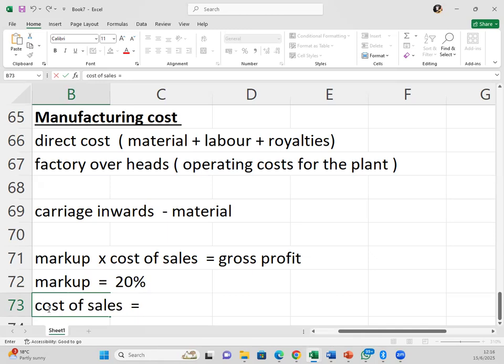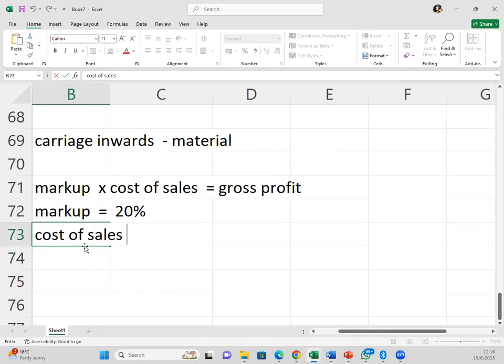The cost of sales is calculated using the formula. Remember, we can use the income statement layout. To work out the cost of sales, we start with our opening stock. Since we are given the opening stock, let's substitute that.